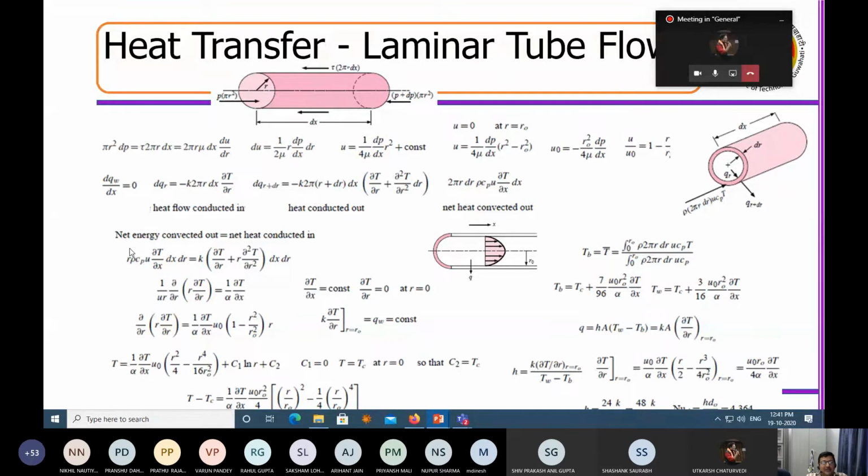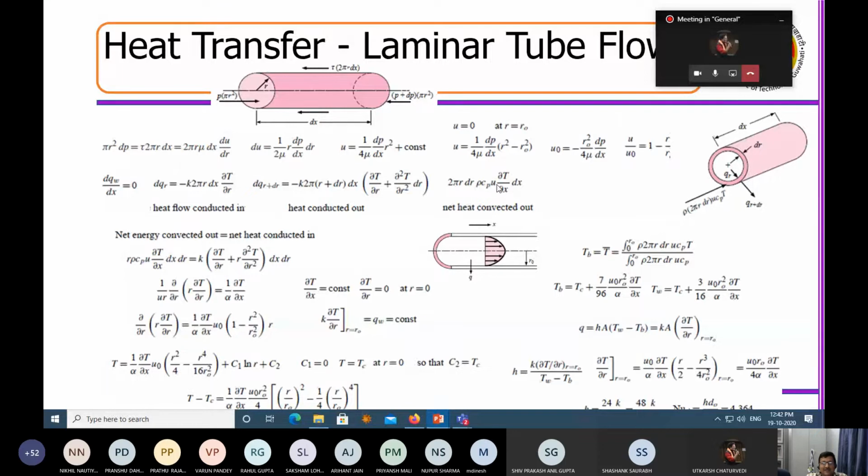Now, what is the job here? Very simply, this U term has come in on the left-hand side, associated with the net heat that is convected out. How are you calculating it?